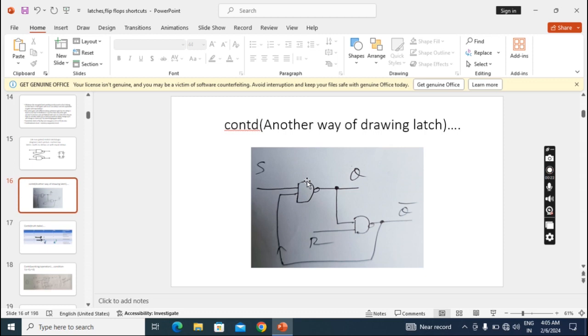I take one 2 input NAND gate, I give the input S, and I take another 2 input NAND gate, I give input R. This gate output I connected to the input of this gate, and this gate output I connected to the input of this gate. So this becomes Q, straight to the S is Q and straight to the R is Q bar. This is another way of representation. This is also a non-gated latch.